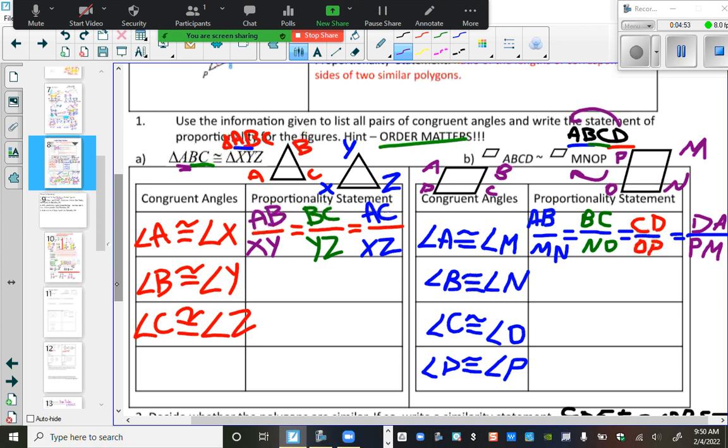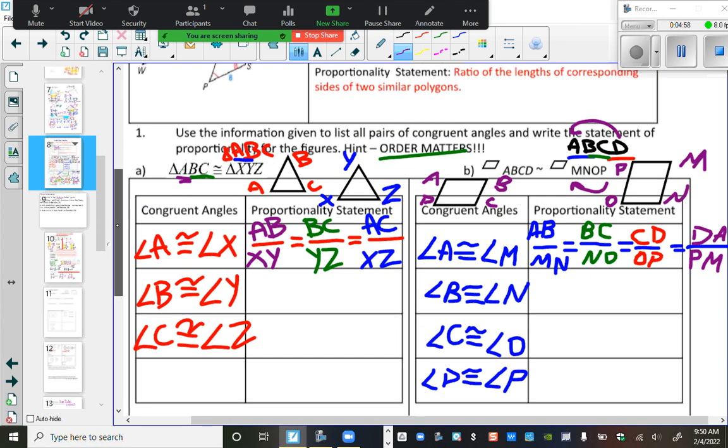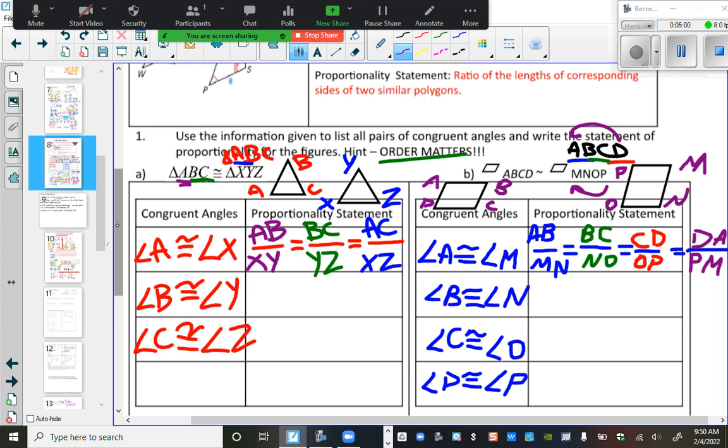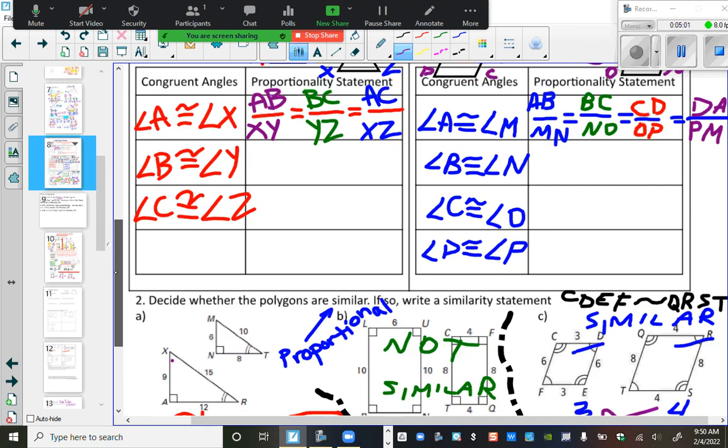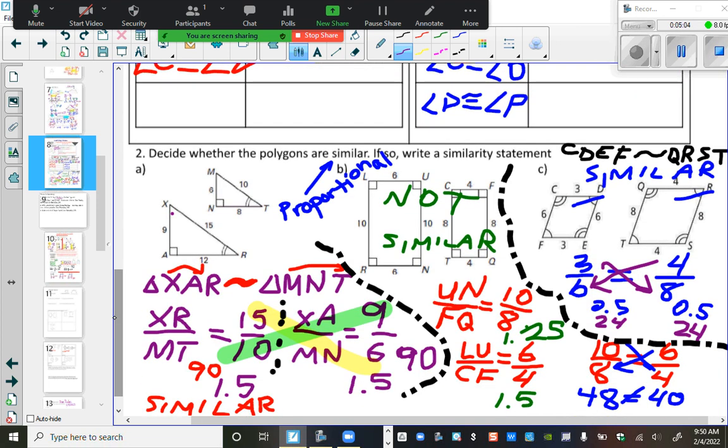Then, we also talked about this, because you need this to help you determine a couple things. One, whether or not your polygons are similar or proportional. Remember, once you figure out which letters or which sides or angles correspond to the other, then you could start comparing.